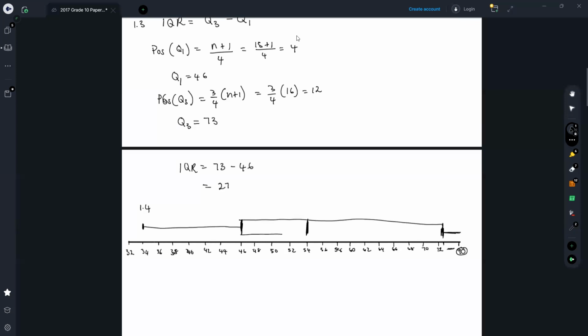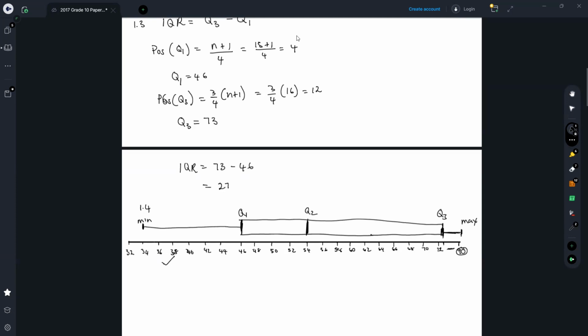But the main idea here is that you always have to have your scale set up first, right? But if you have the correct scale, then you are most likely to end up with the correct diagram there. And that would be your minimum, Q1, Q2, Q3, and that would be your maximum there.